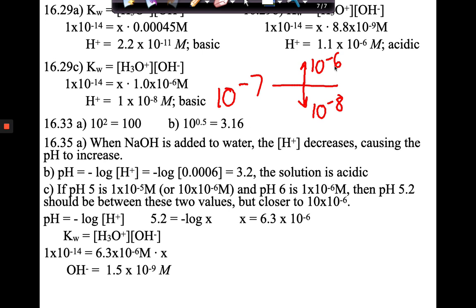That's it. I don't know if this is legal, but I did Kw equals the concentration of H, and then for OH I just plugged in 100 H. Absolutely. Yeah, I think that works great. Go ahead.